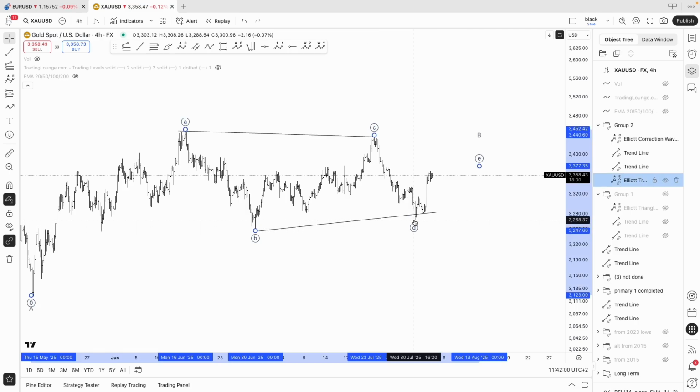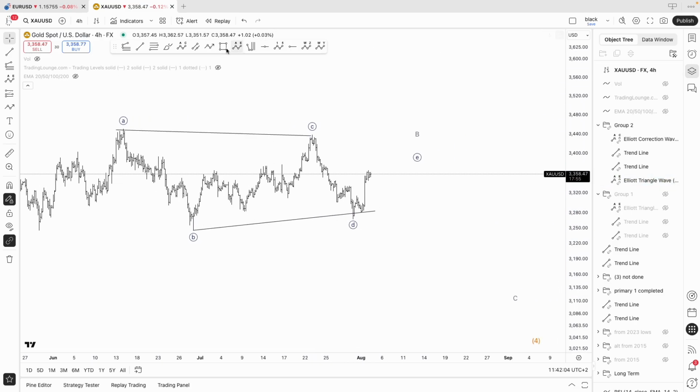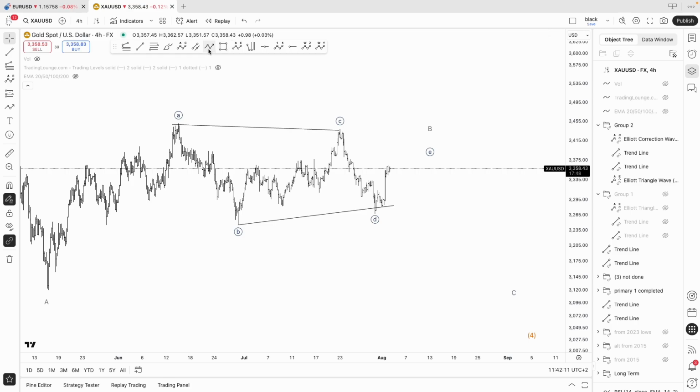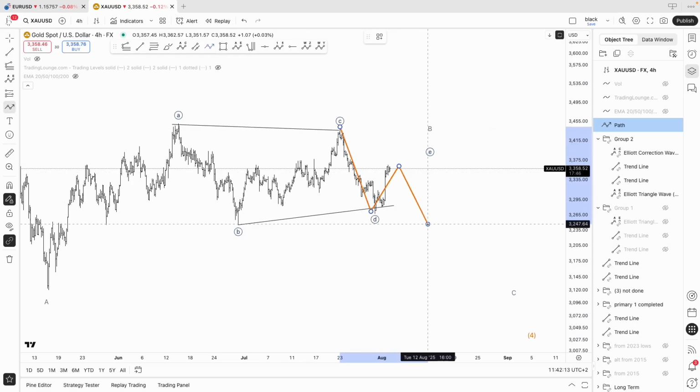What should we expect? So is wave D in place? I have no idea. Because that's the problem with corrections. We could double correct. So we could do this for wave D.